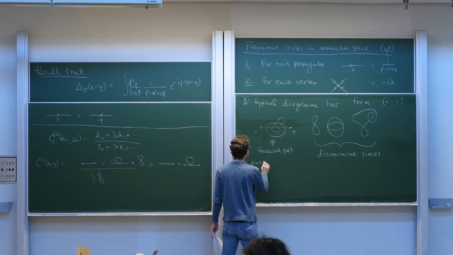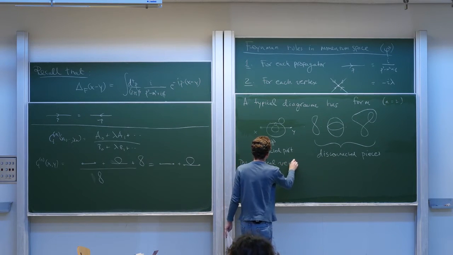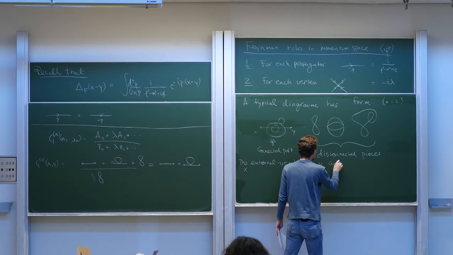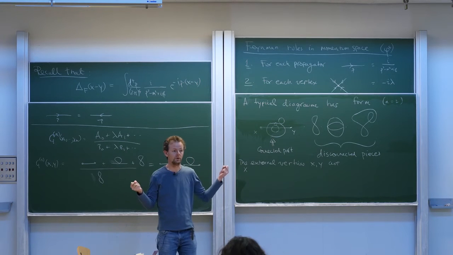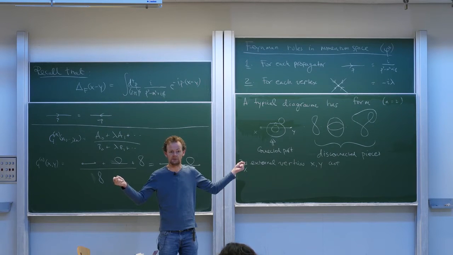Now, regarding the external vertices, you might wonder, could there be a diagram where one part is connected to x and another part is connected to y, but x and y aren't connected to each other? Is that possible?